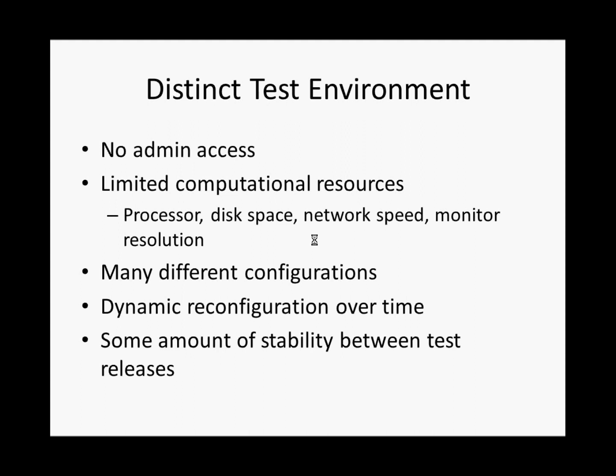Limited computational resources. Often user machines don't have nearly the level of disk space, nearly the level of memory available, sometimes not the level of network speed or monitor resolution that your machines will have. Some of you might have access to monitors that are 30-inch, or routinely go over to space where the network speed is extremely high.